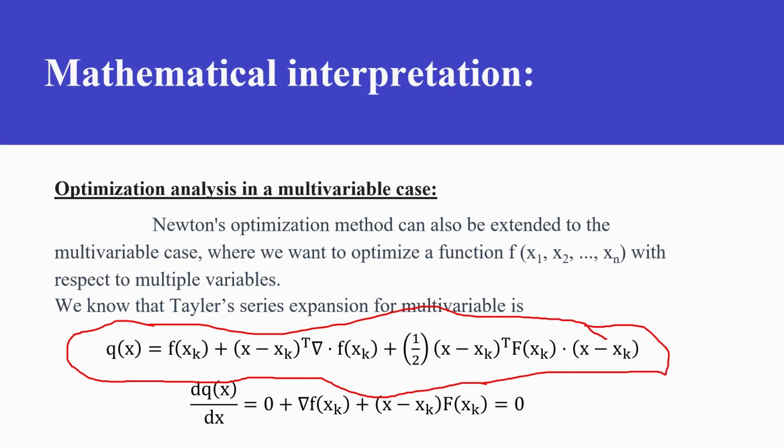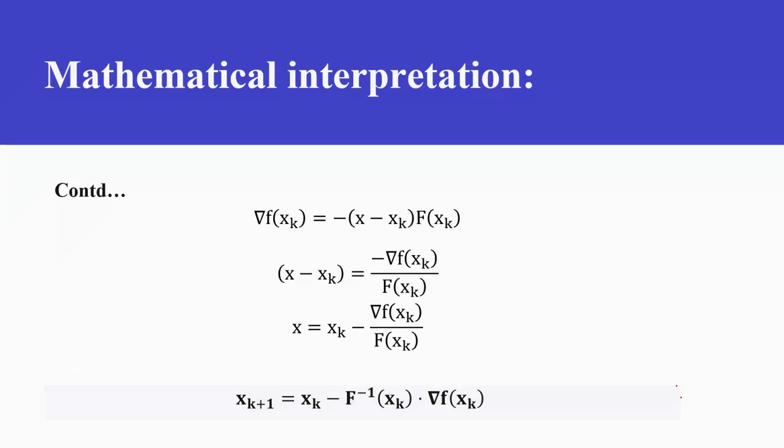Then I differentiate this Taylor series expansion and set the derivative equal to 0. This is a continuation of the previous slide. And finally, we get x_{k+1} = x_k - gradient of f(x_k) divided by Hessian of f(x_k).